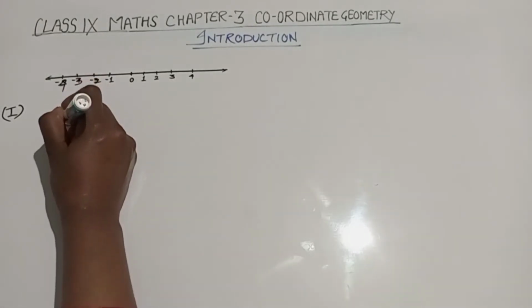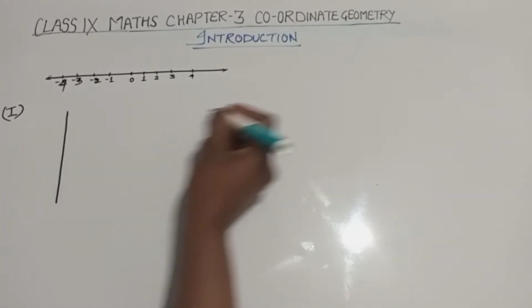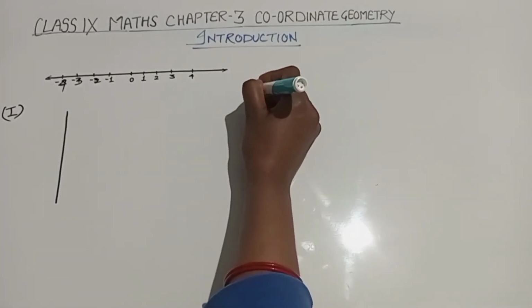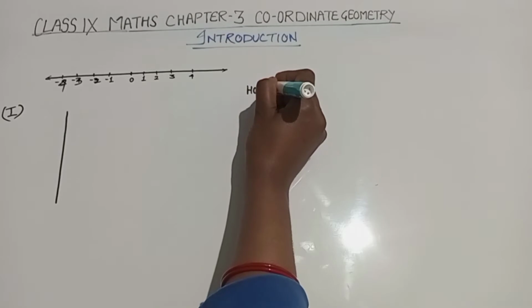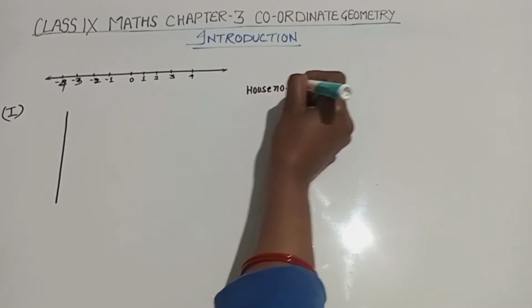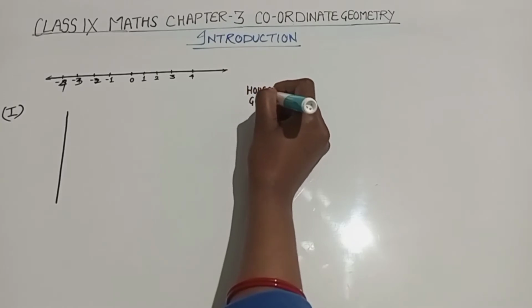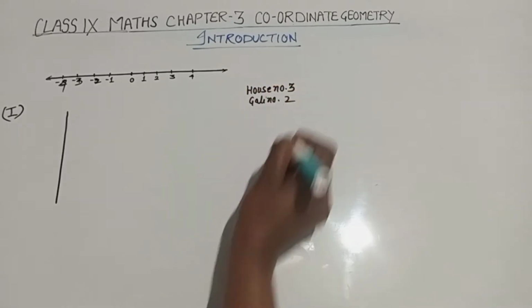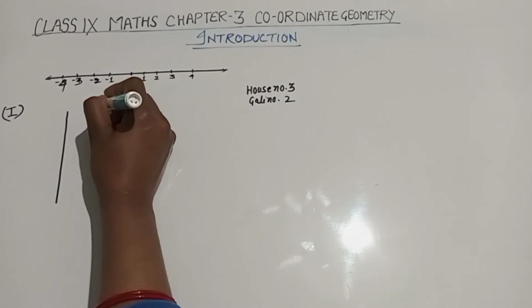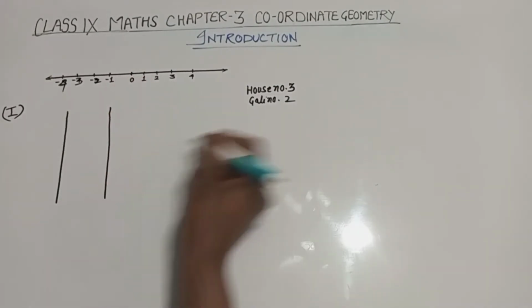The address is house number 3, gully number 2.